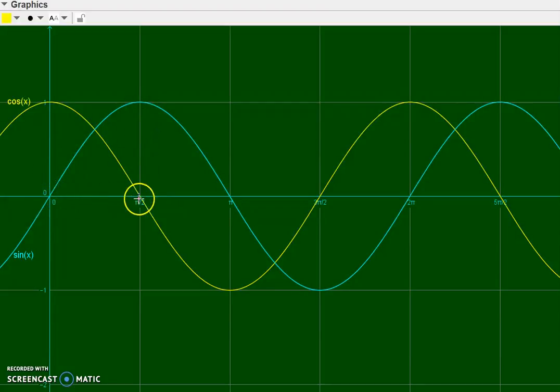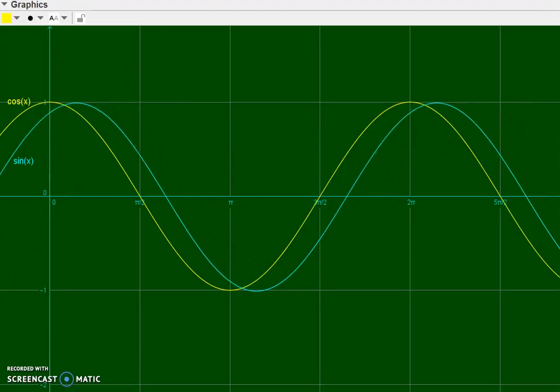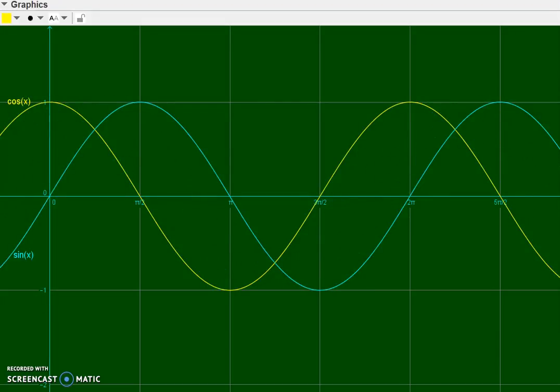So this is 90, 180, 270, 360 degrees. If I were to translate the sine function 90 degrees, that is, move it out of phase 90 degrees, we would have the cosine function. So as I translate it, you'll see that sine and cosine have the exact same shape. They're just shifted 90 degrees apart from each other.